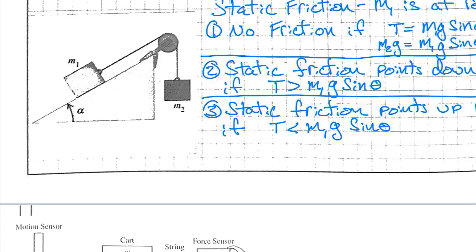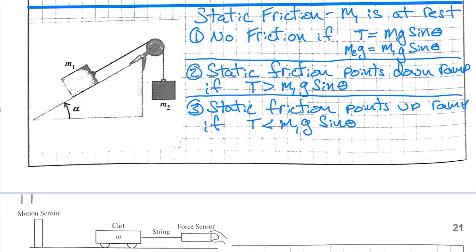So now in this case, gravity is pulling down harder than tension is pulling up. So friction has to point up to make the upward forces balance out with the down forces parallel to the ramp. In all of these cases with static friction, we are at rest, so the forces have to be balanced.